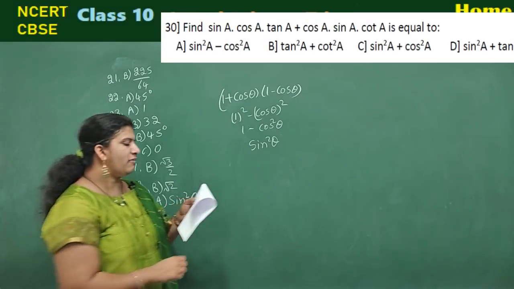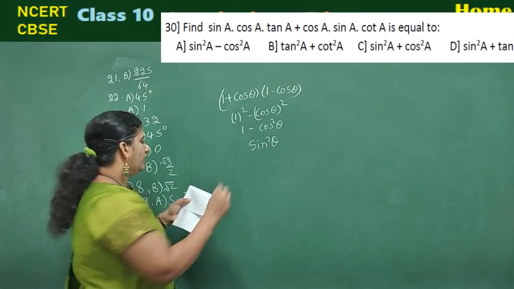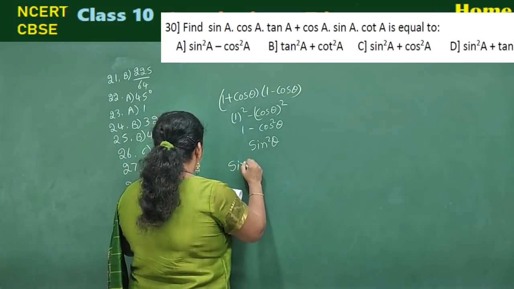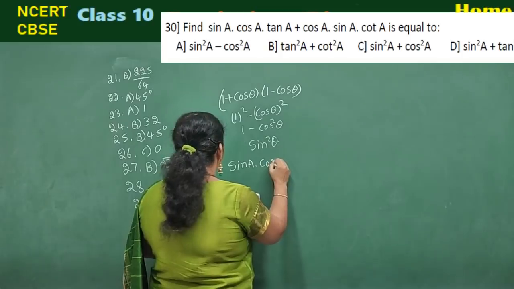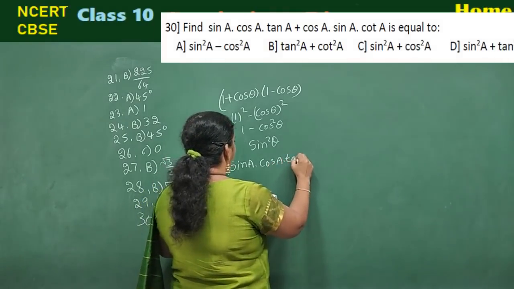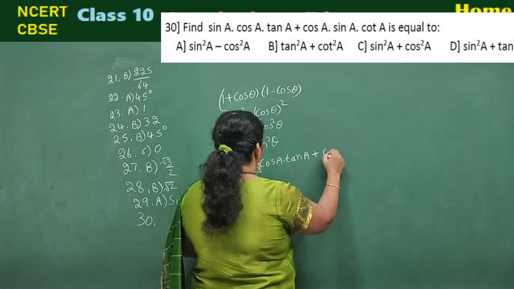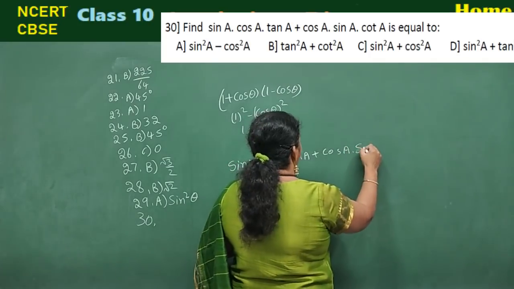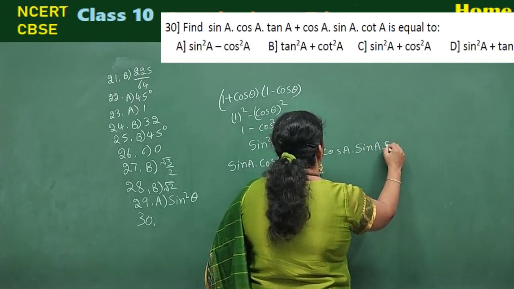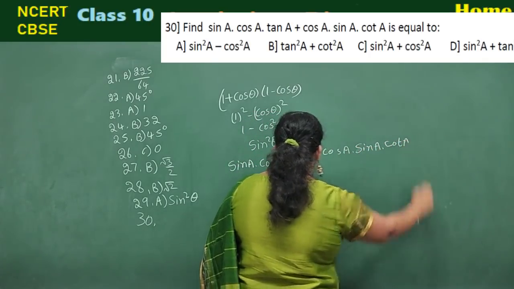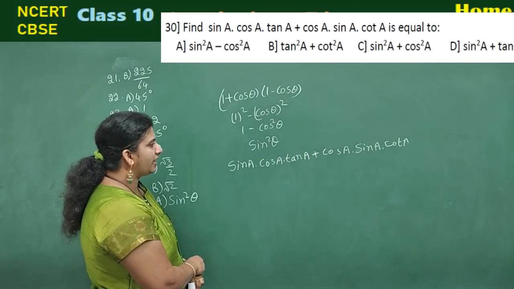Let's see the last problem, 30th problem here. If sin A cos A into tan A plus cos A into sin A into cot A is equal to dash. Okay, let us see here carefully.